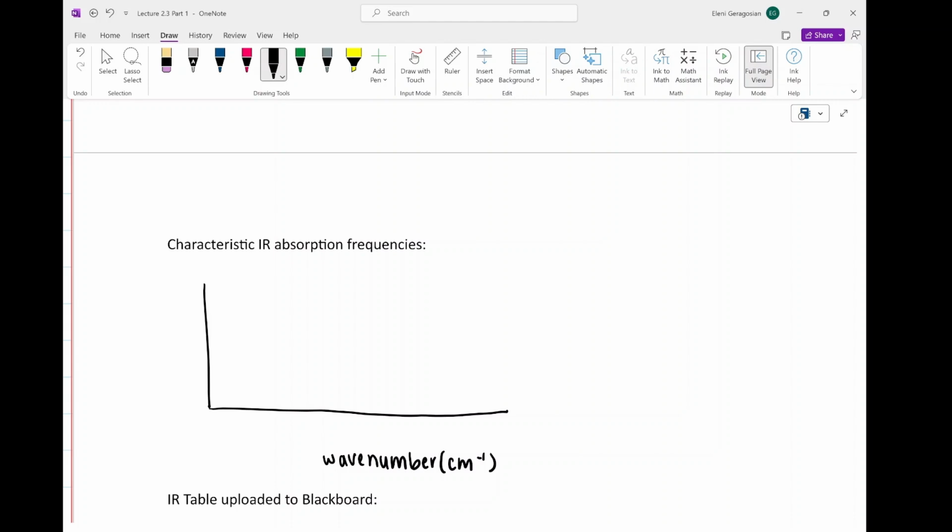We'll fill in the x-axis. We'll start at about 400 wave numbers.